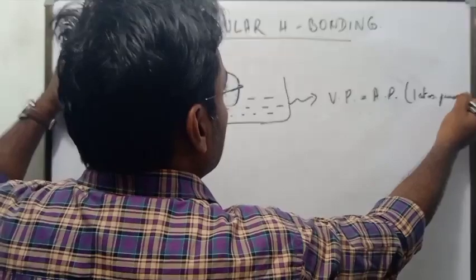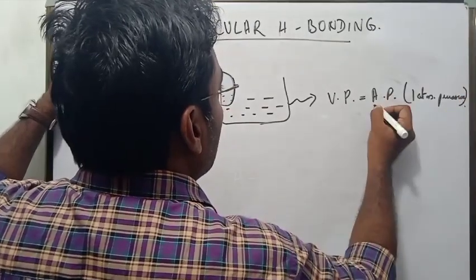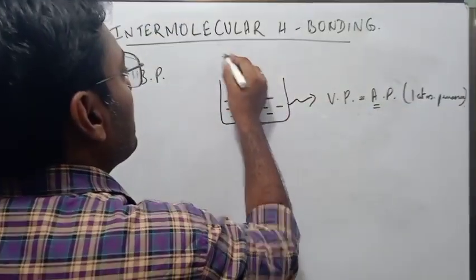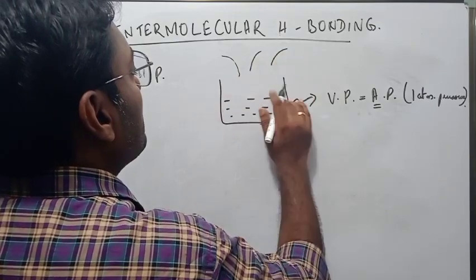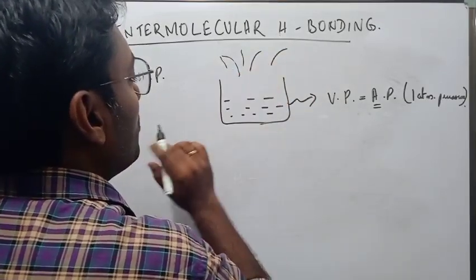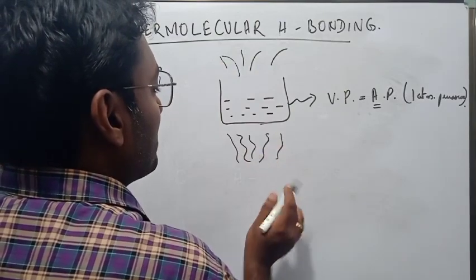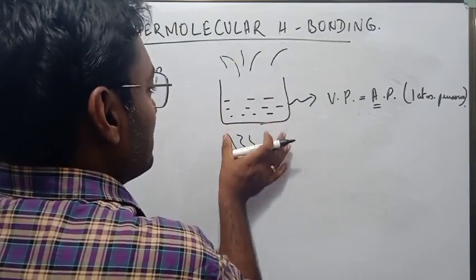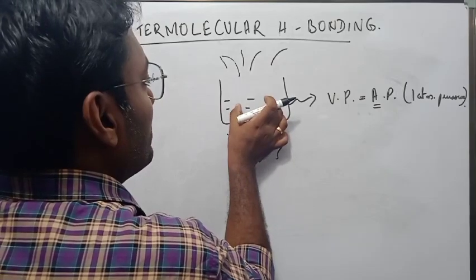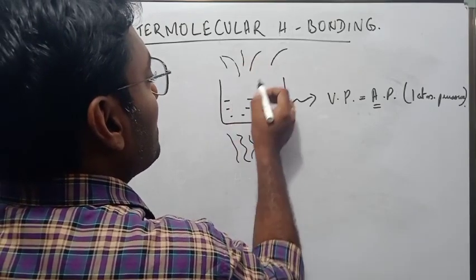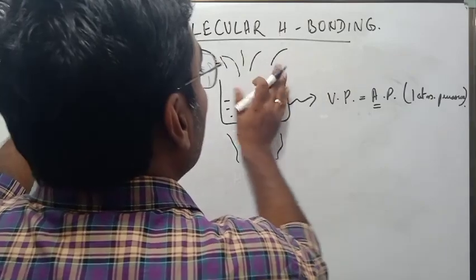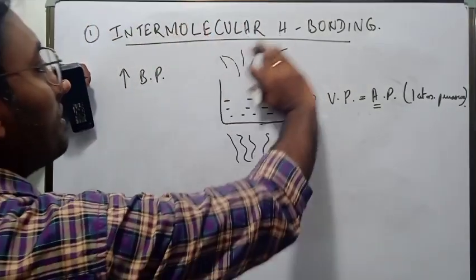So when the vapor pressure becomes equal to atmospheric pressure, boiling takes place. This liquid is converted into vapor form. For this, temperature is required. When the temperature rises and the vapor pressure of the solvent becomes equal to atmospheric pressure, only then do the molecules convert into the vapor phase.